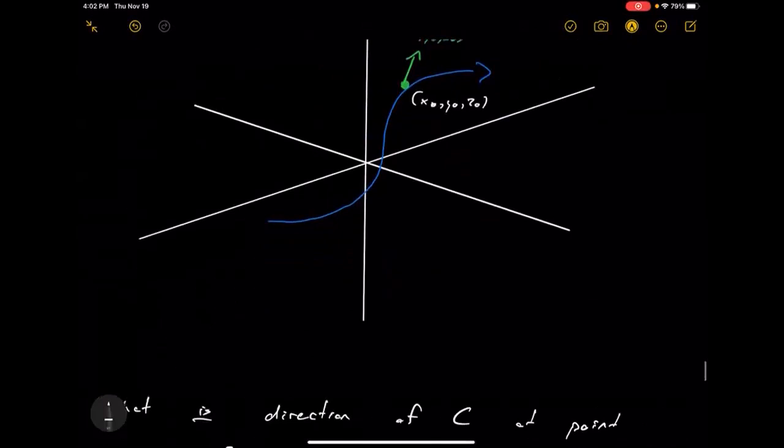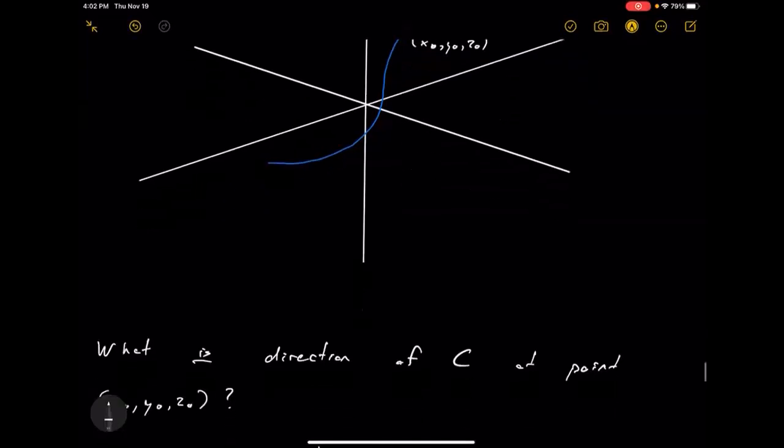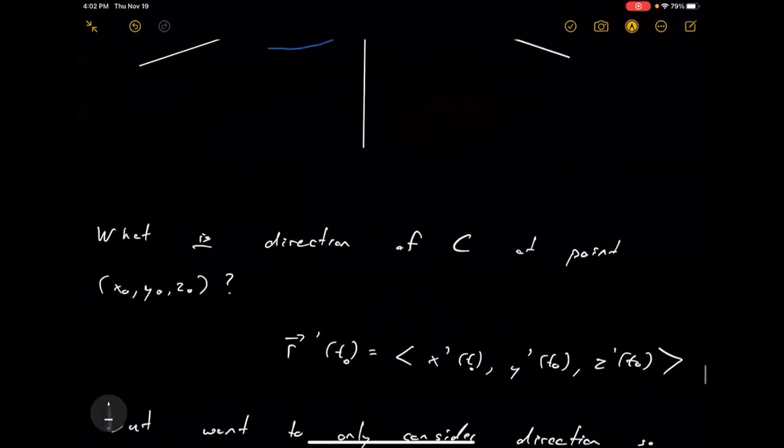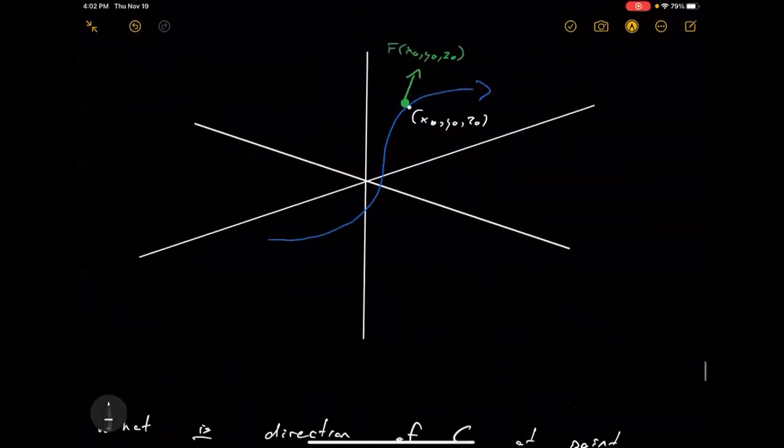First, how much of this green vector is pointing in the same direction as my blue curve? We have to ask, at this point, what is the direction of my blue curve? In which direction is my curve moving? Well, that's all about the tangent vector at that point. This blue curve is r of t.